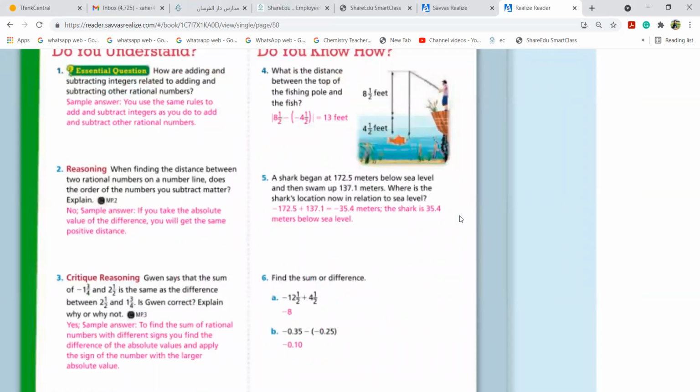All right. Let us do the first question, question number 4. What is the distance between the top of the fishing pole and the fish? Where is the fish?